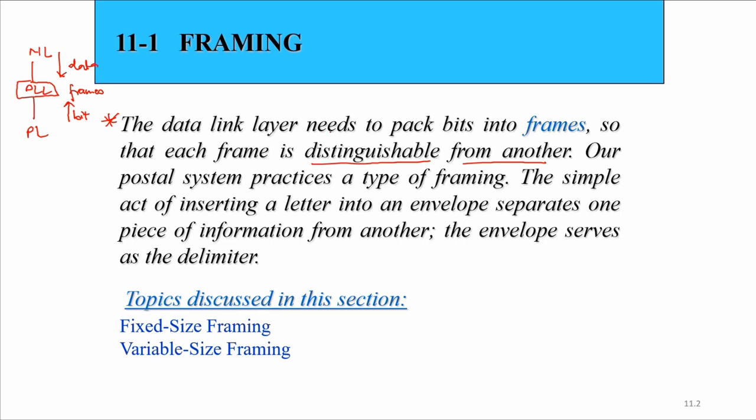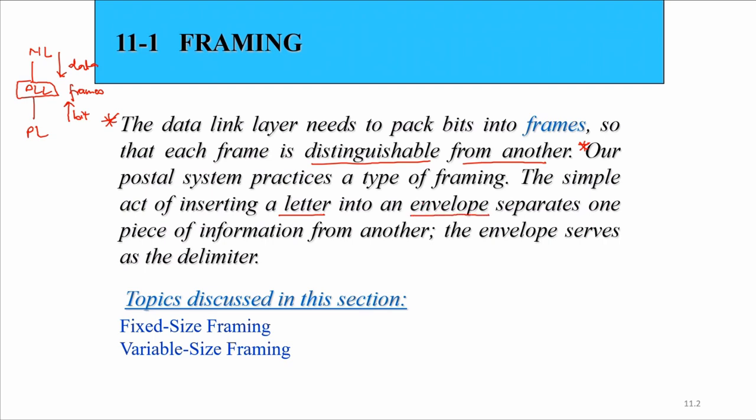Framing is used for identifying the different messages, and this is done at the data link layer. The example given here is our postal system, where a framing type of system is implemented. If different letters are there, these letters are inserted into envelopes.